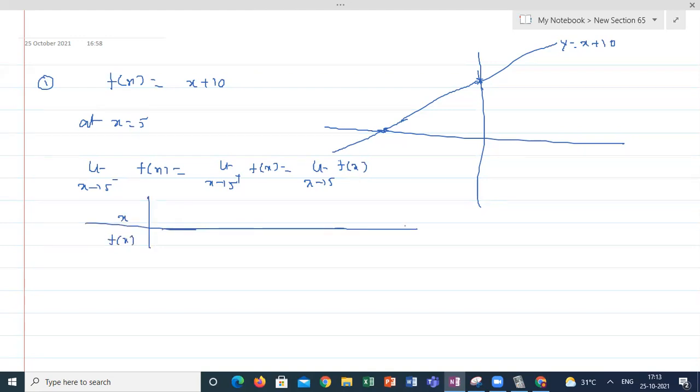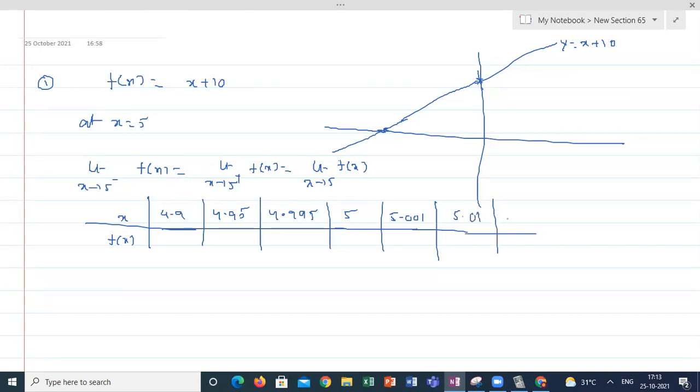Quickly, everyone can calculate what is the value of f of x if x is 4.9, 4.95, 4.995, and if x is 5, and if x is 5.001, 5.01 and 5.1. Calculate the f of x value in these cases.